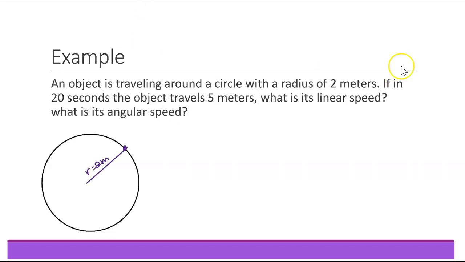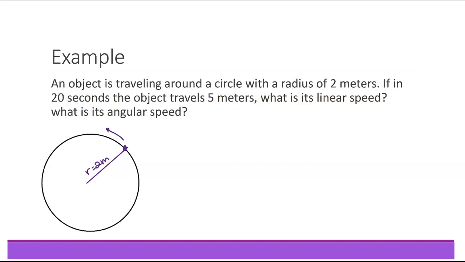And we know that in 20 seconds, the object travels 5 meters. So this object on the circle, in 20 seconds, goes around 5 meters. Let's just say it's going in this counterclockwise direction. We have been given, essentially, its linear speed, and we know that because the units are a linear unit of distance, meters, over a unit of time, seconds.